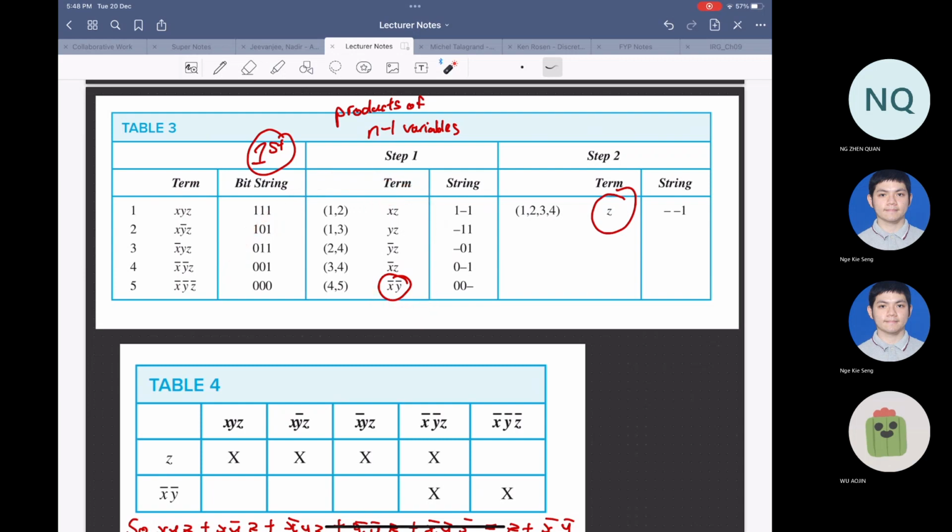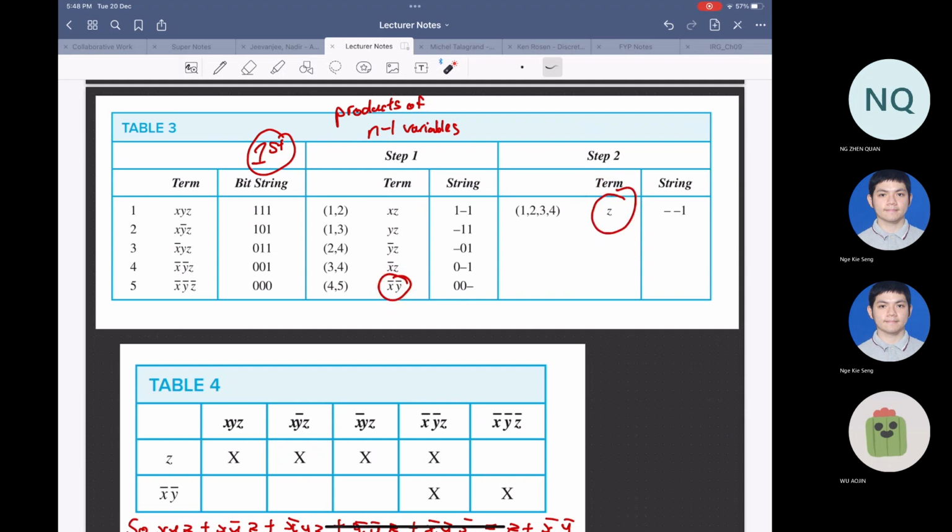So the Boolean products that are not used to produce a new Boolean product are just Z and X bar Y bar. All these are already used to build a new Boolean product here, and 4 of these are used to build the Boolean product here. So only this one and the last one are left.